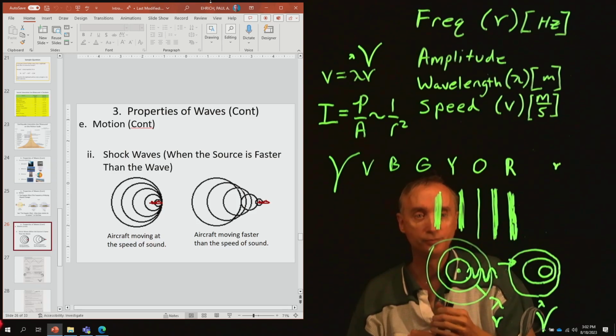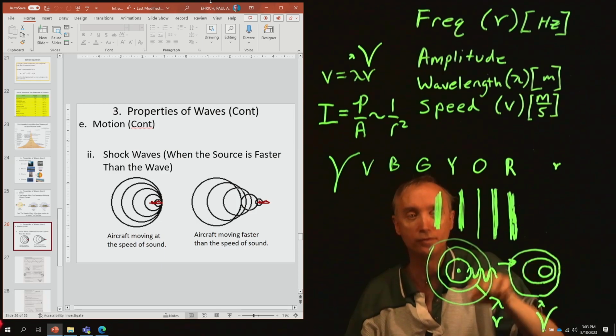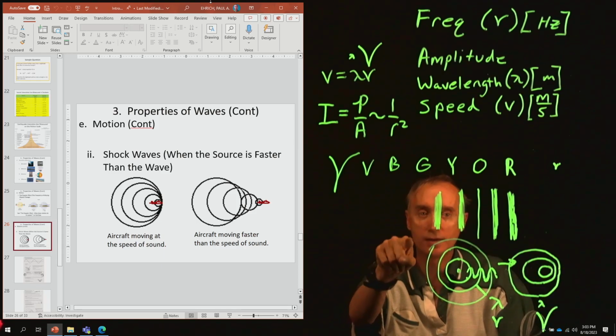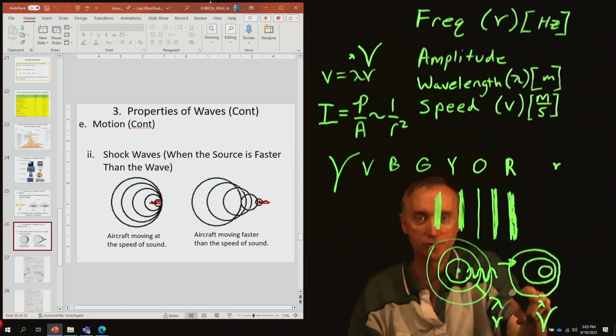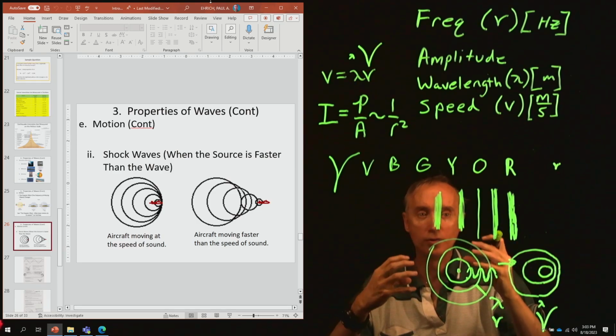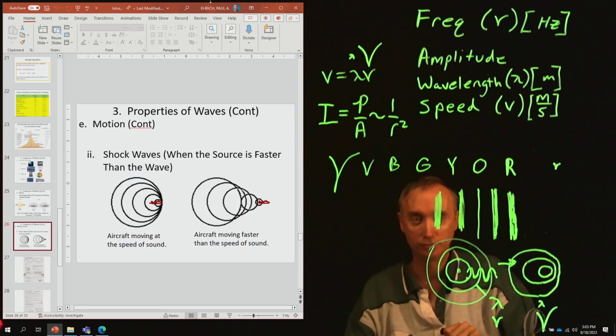Well, now what's going to happen is that these lines here are going to be on top of each other. And that's that first picture over there on the left. So the lines are superimposing, and remember that each of these waves has energy.